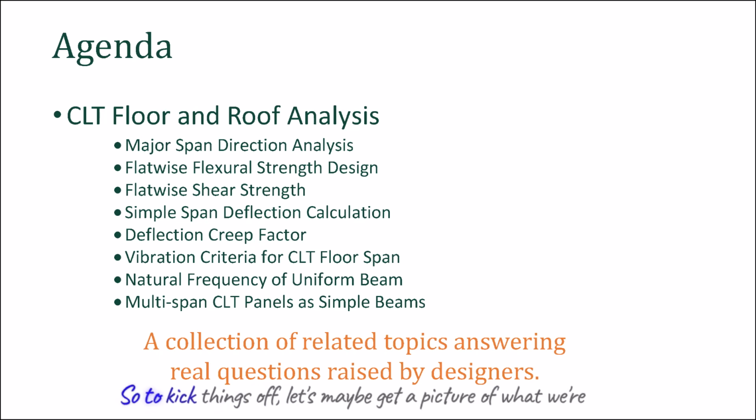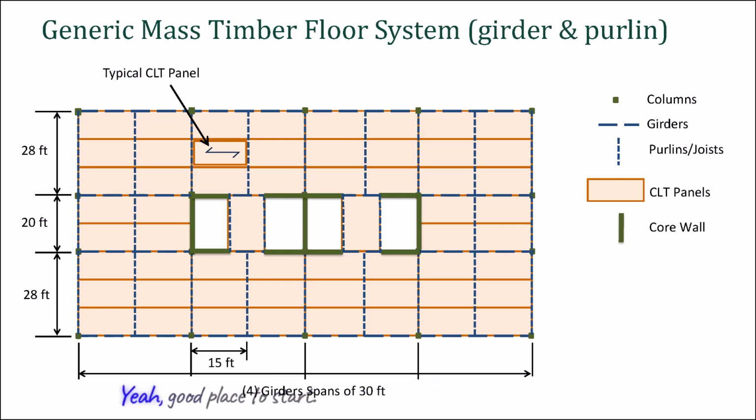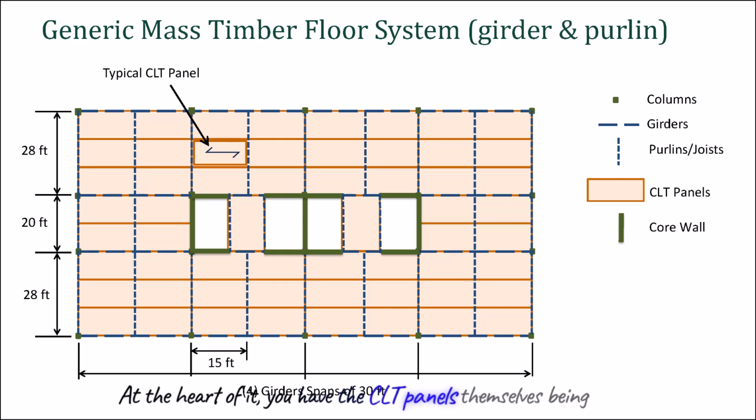Okay, let's unpack this. So to kick things off, let's get a picture of what we're even talking about. When we say a generic mass timber floor system, what are the core structural bits, the main players? Yeah, good place to start. Imagine you're building with these giant engineered timber planks. At the heart of it, you have the CLT panels themselves, big, solid wood panels.